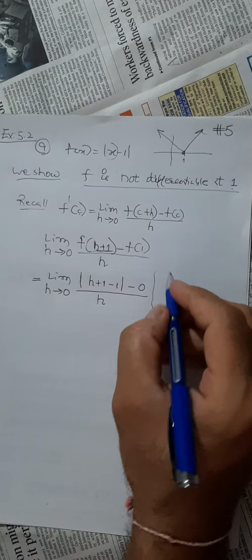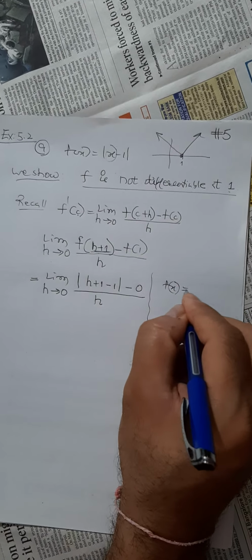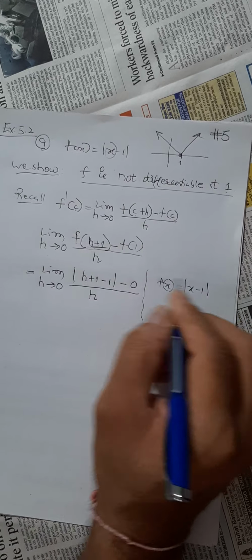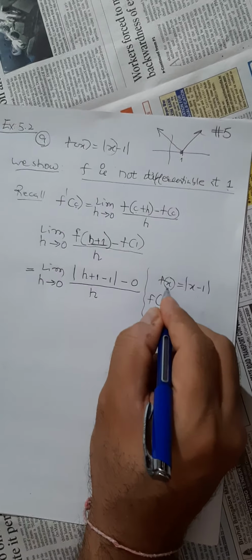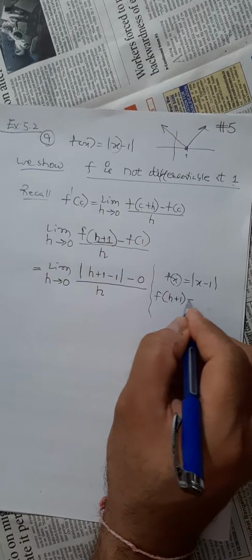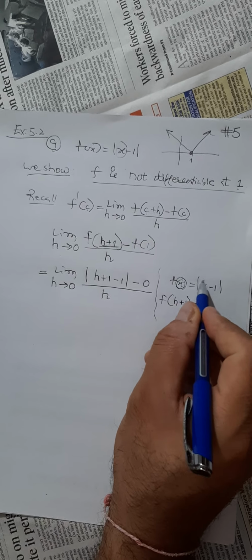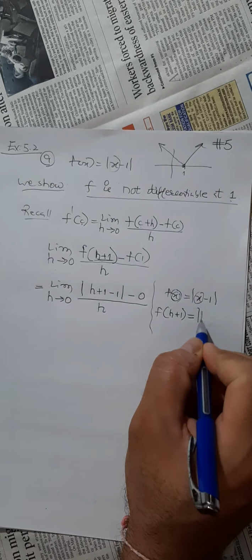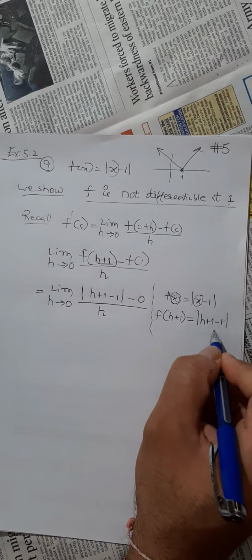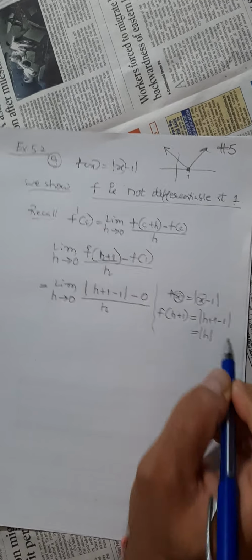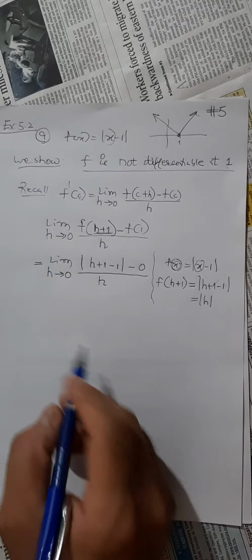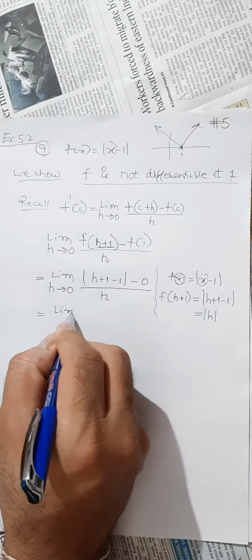I again emphasize this. Here f(x) is modulus x minus 1. You want f of h plus 1, so in place of x you write h plus 1. So h plus 1 minus 1, the 1s will go away. This is just modulus h. So we are left with this.